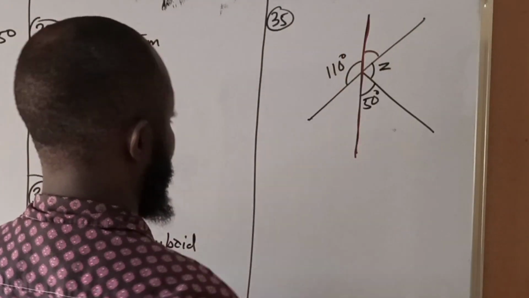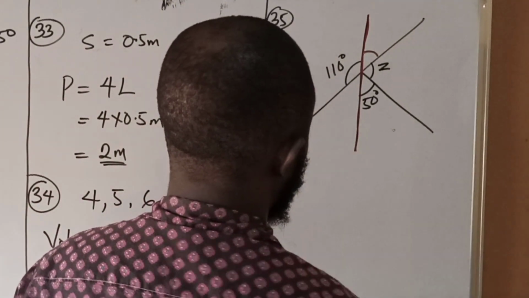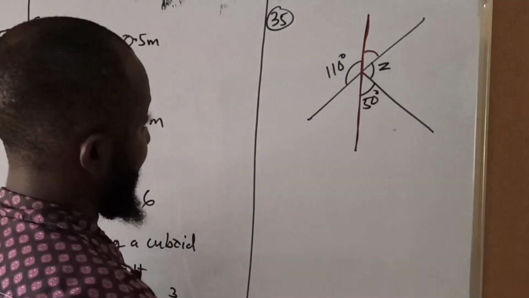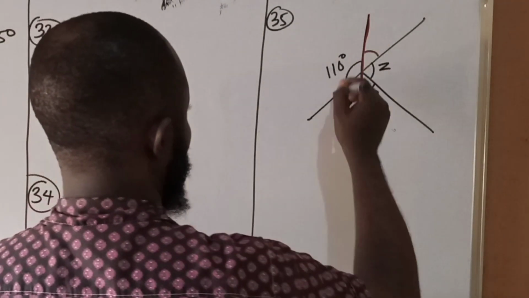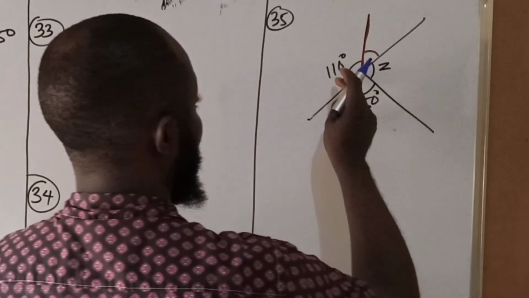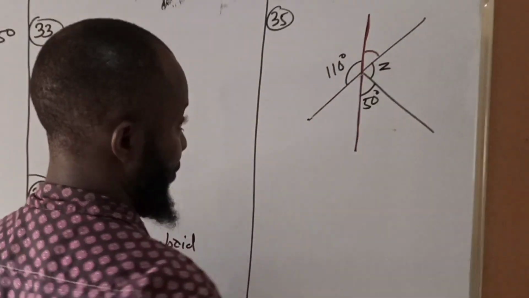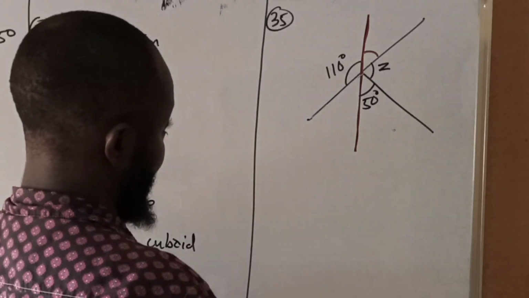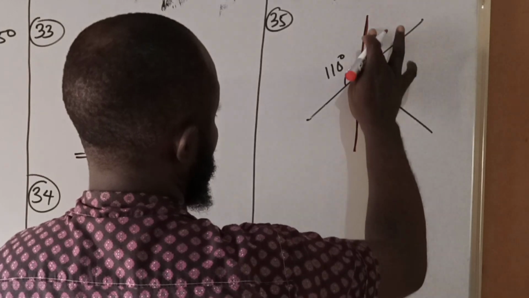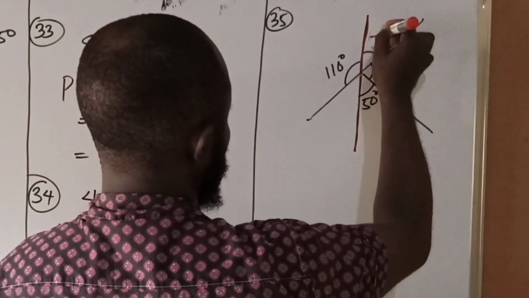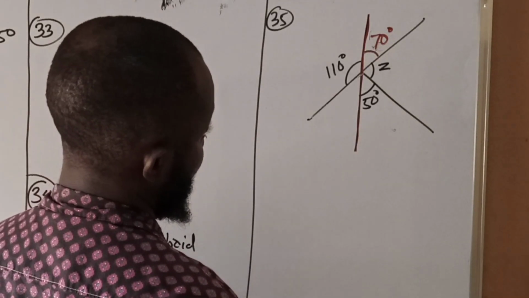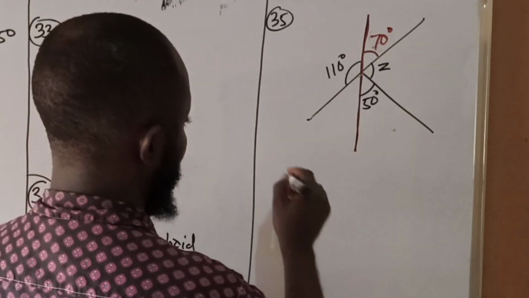The sum of adjacent angles on a straight line, which is 180, will make us get this. Since this is a straight line, 110 degrees plus this gives 180 degrees. So invariably, this angle here is 70 degrees.